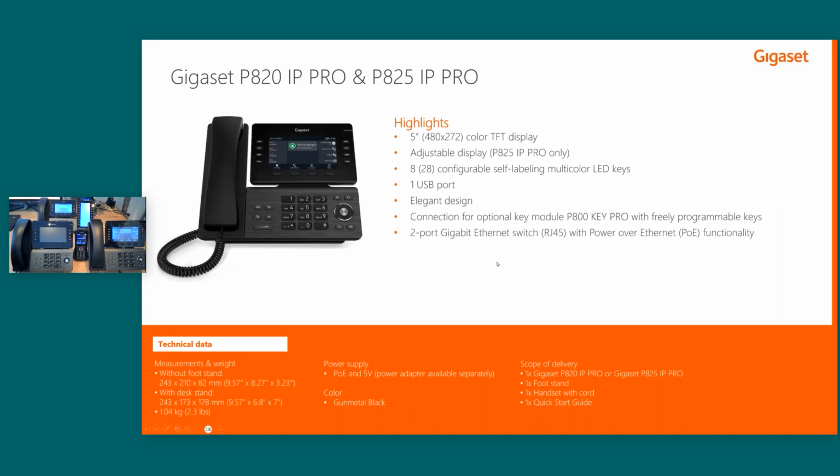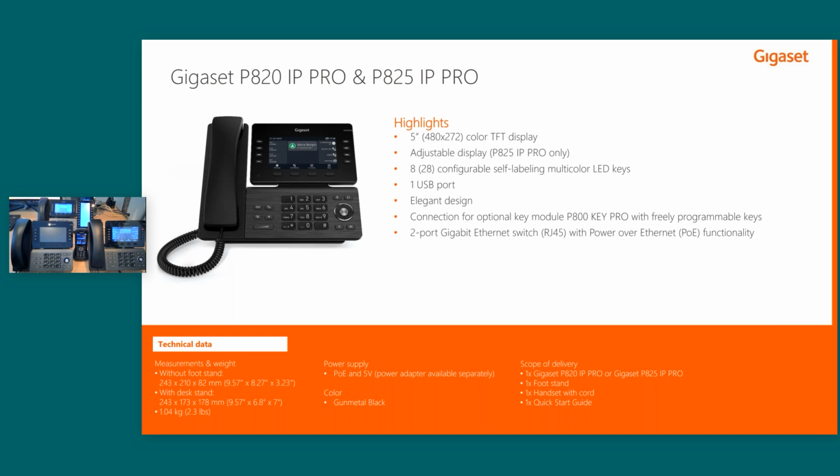In the middle we have the P820 and P825. The 5 stands for the tiltable display. So when you have the P825, you can adjust the display and tilt it up.